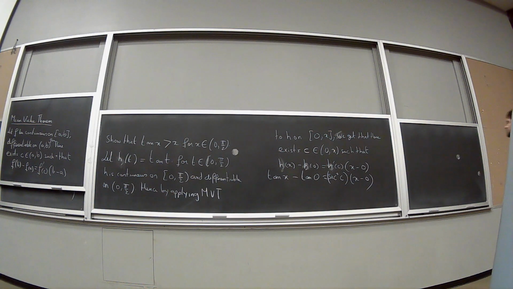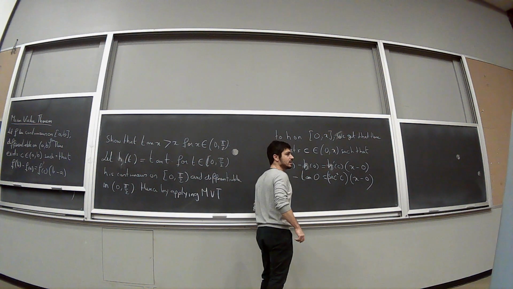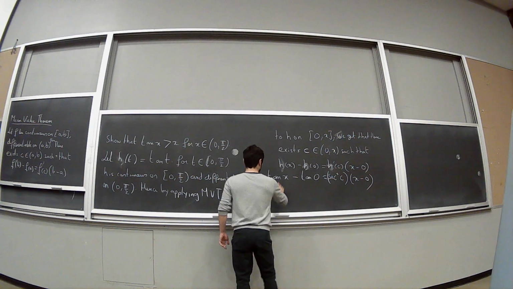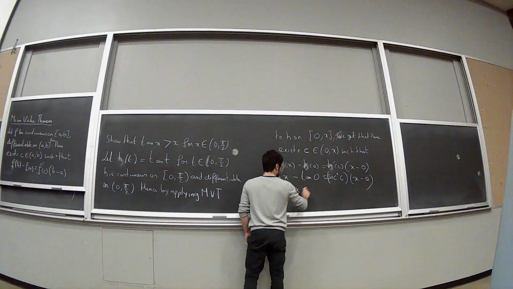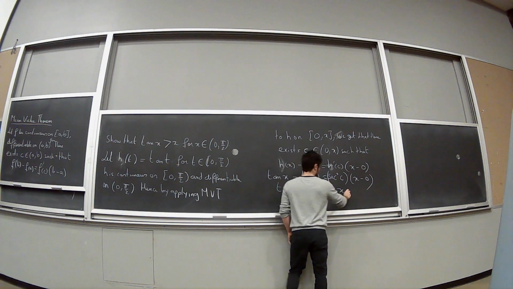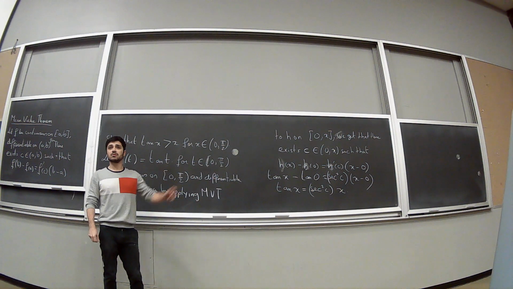Now, c is between 0 and x. Well, let's write this down in a better way. Tan x is equal to secant squared c times x. You agree with this or not? Everybody, you agree with this?